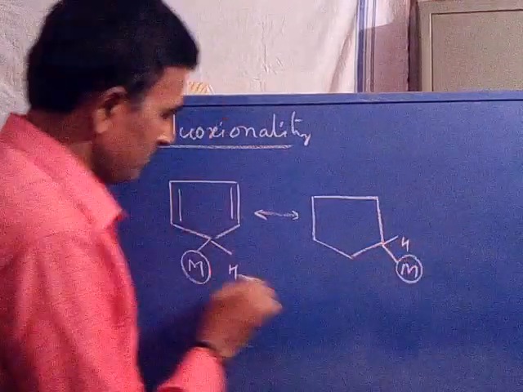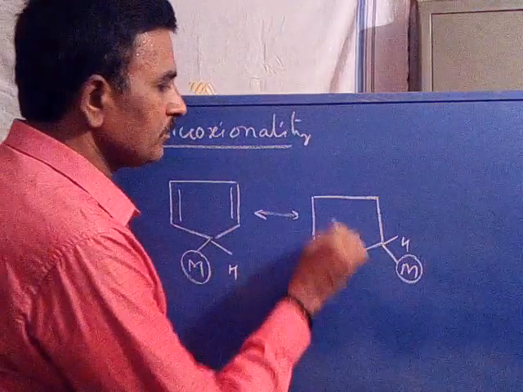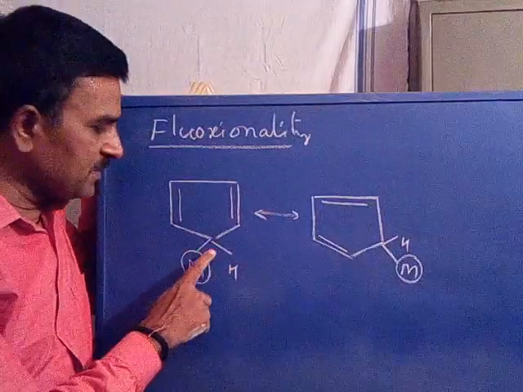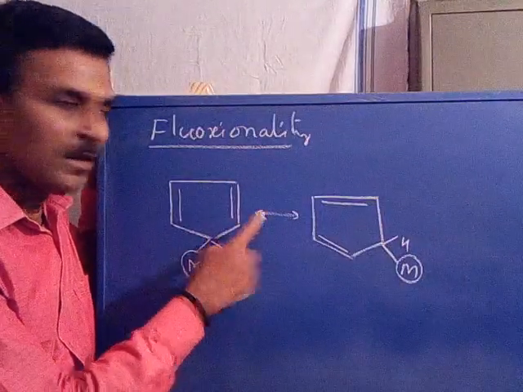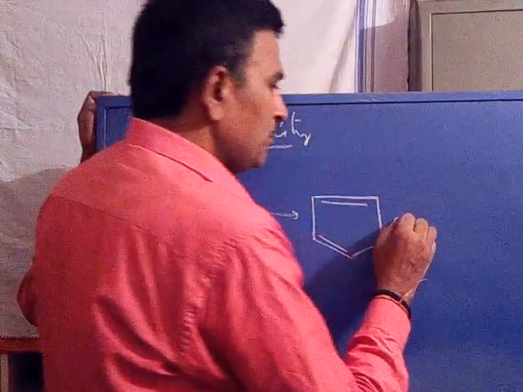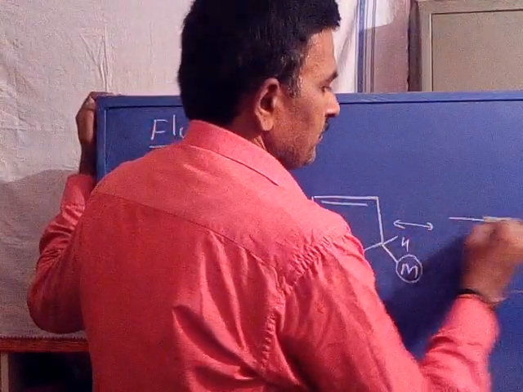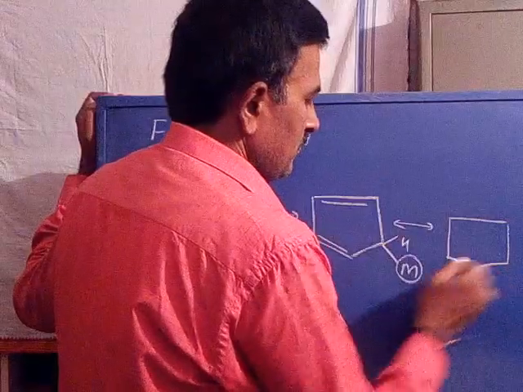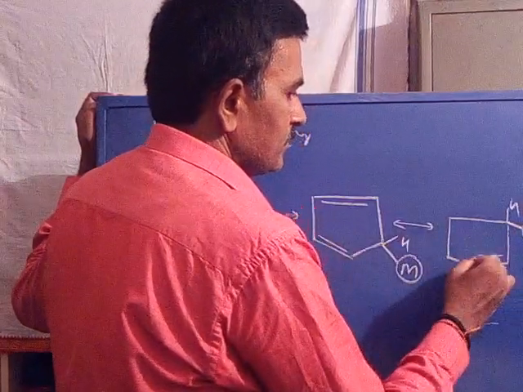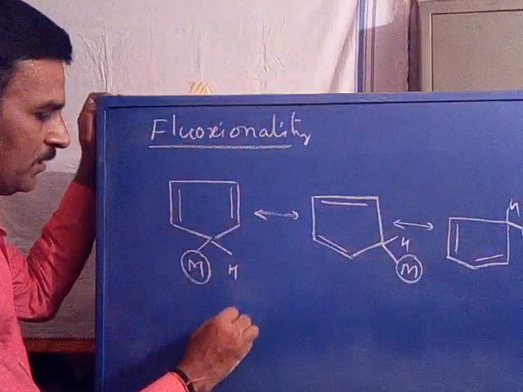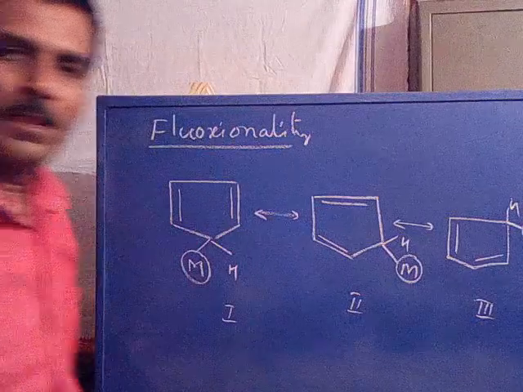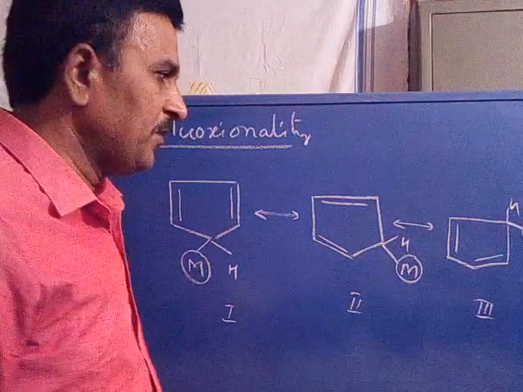Say this is metal. The metal gets exchanged from this carbon to its adjacent carbon, leading to this isomer, or it may further exchange to the third position. This is 1, this is 2, this is 3.